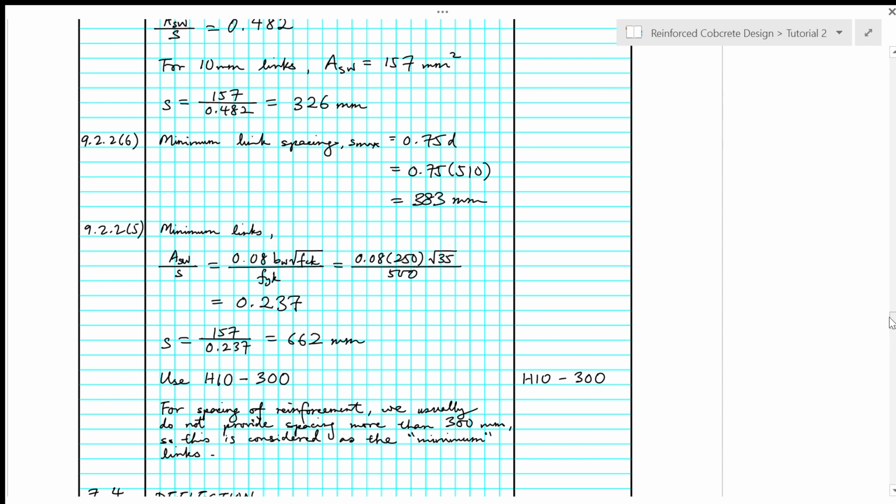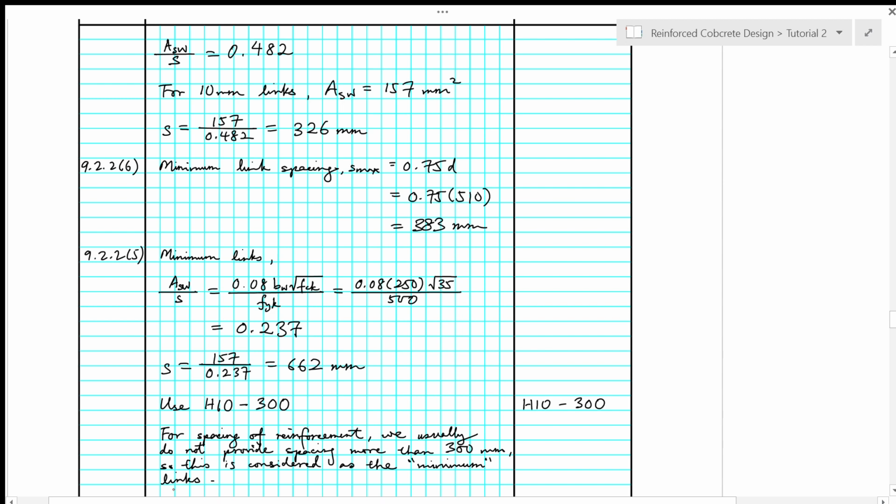So in practice, we do not specify spacing of reinforcement more than 300 mm, so this is considered as the minimum links. So the design reinforcement for shear will be H10 at spacing of 300 mm.